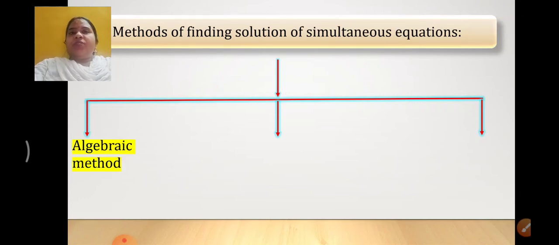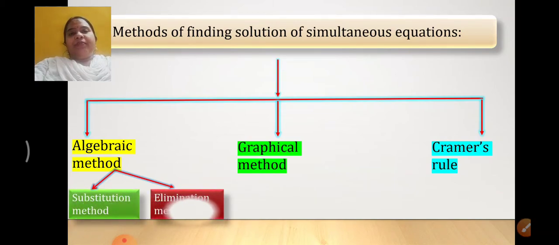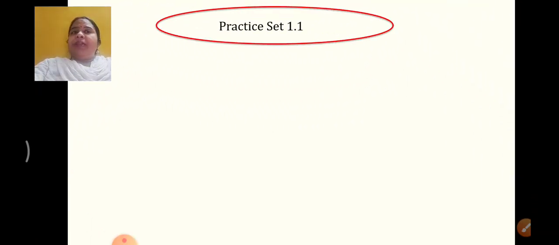In addition to this, we will be learning the graphical method and Cramer's method or Cramer's rule. Okay, the algebraic method was again divided into two types, that is elimination method and substitution method. So in today's session I will be just revising this algebraic method which was already completed in 9th standard.